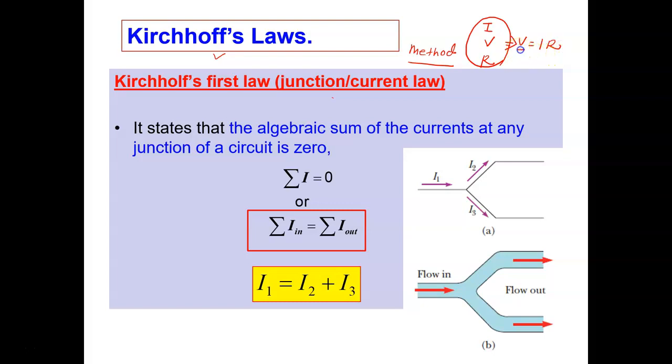So let's say I want to find V, and I am given the value of I and I know the value of R: just multiply these two, and the product is the value of V. Or if I need to find the value of I, just bring R to the other side, then I will get the value of I.